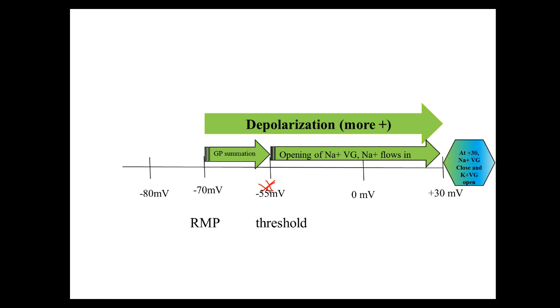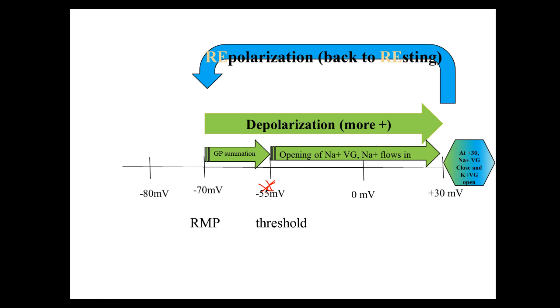Since sodium voltage gates are closed, no more sodium rushes in, and potassium voltage gates are open, and potassium's on the inside, so potassium's going to move out. This step is called repolarization. An easy way to remember repolarization is re-resting. Repolarization's goal is to bring that segment of the neuron's axon back to -70.